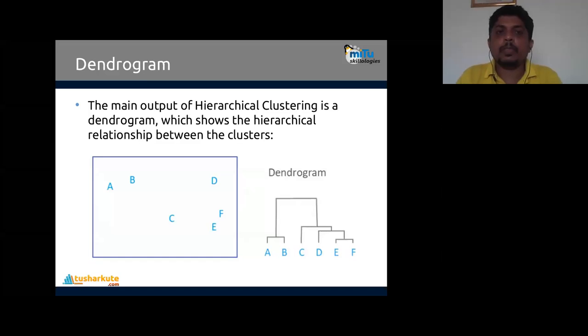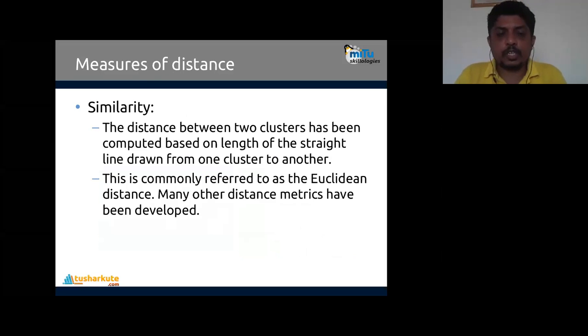See that. Now, measures of distances. Measure of distances means the distance between two clusters and the distance between two points; the formulas are different. It uses many different metrics, which are also presented over here.